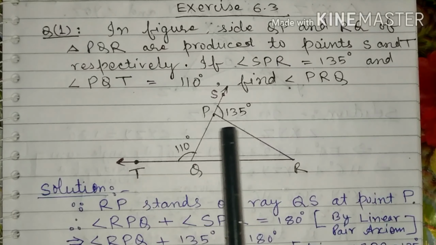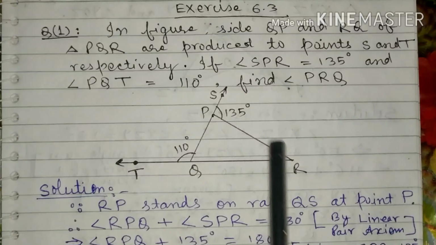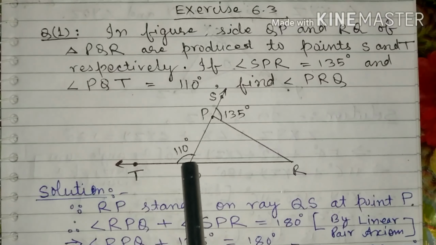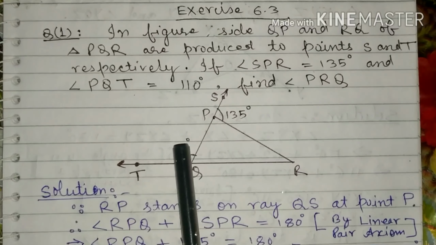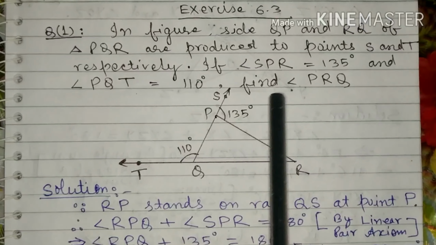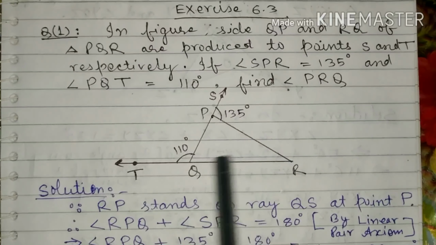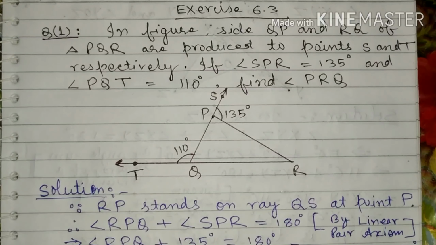If angle SPR is 135 degrees and angle PQT is 110 degrees, we have to find angle PRQ.